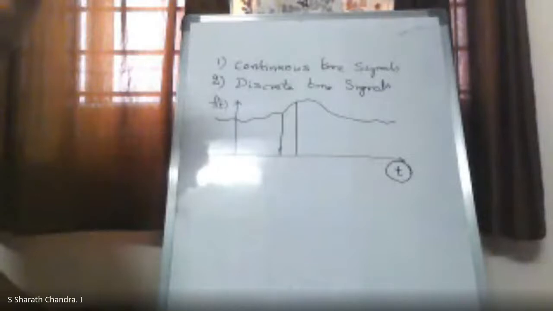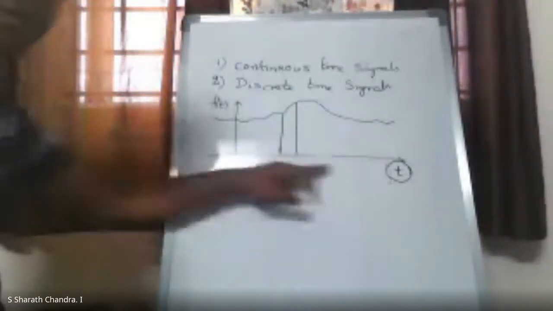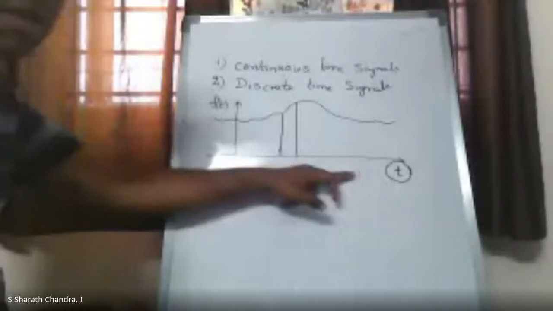It becomes a continuous variable when I represent my time t, which is representing this x-axis, with whatever number you define from minus infinity to plus infinity.